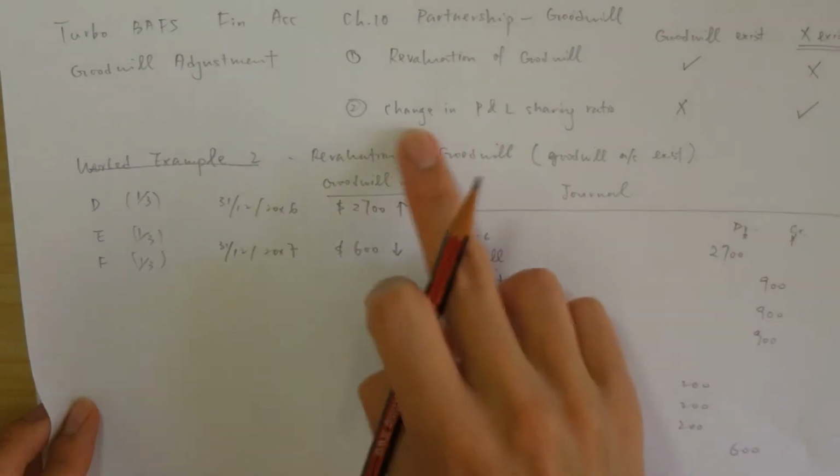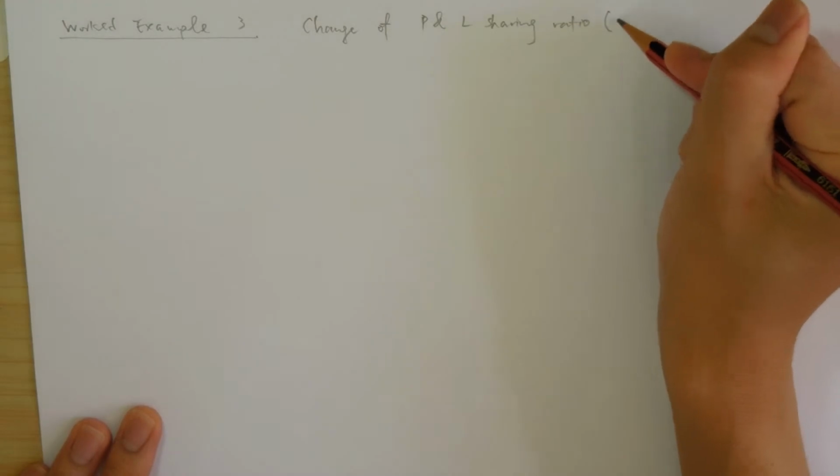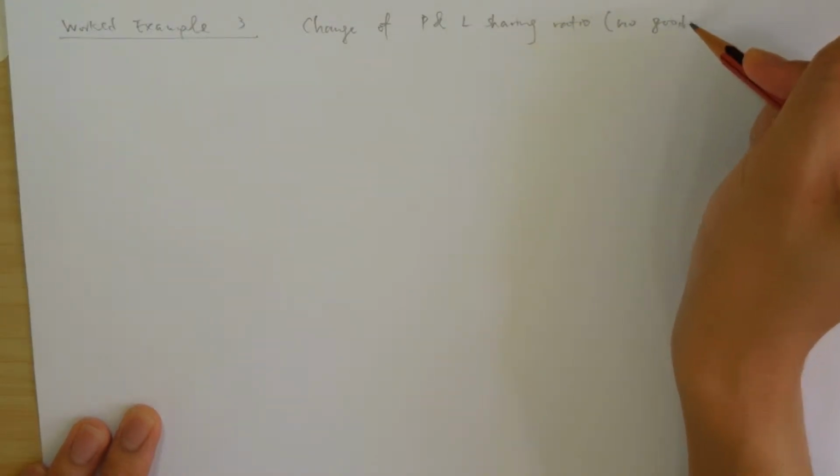And for a change of P&L sharing ratio, I remind you one more time, it only applies when the goodwill account does not exist. So for this example, same, we don't have a goodwill account.